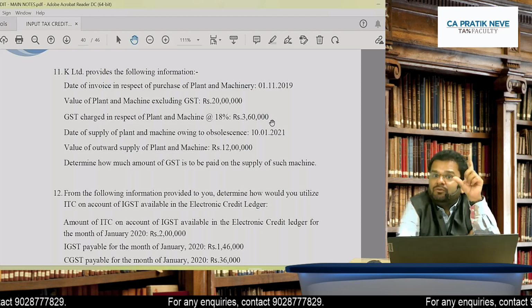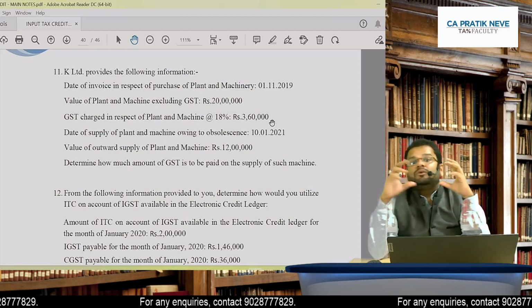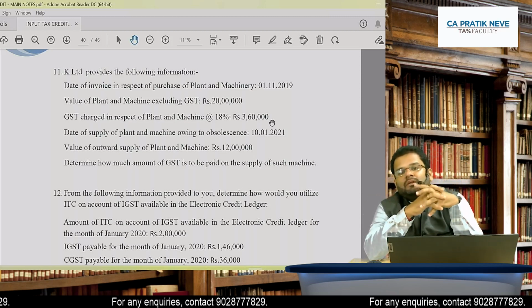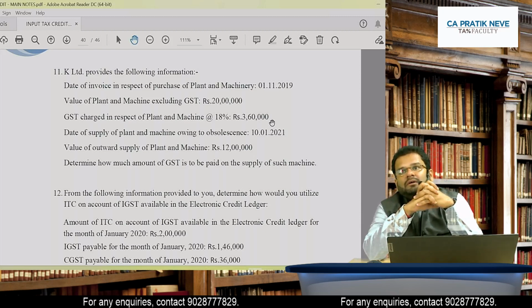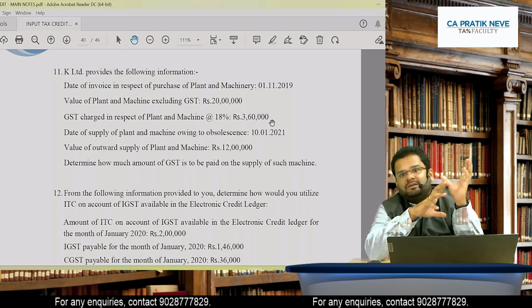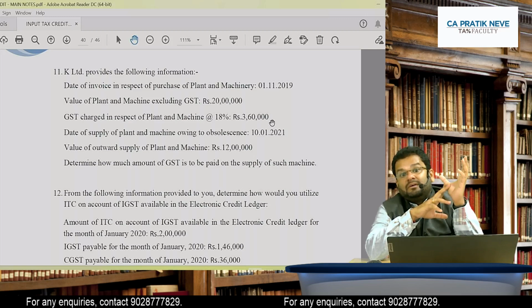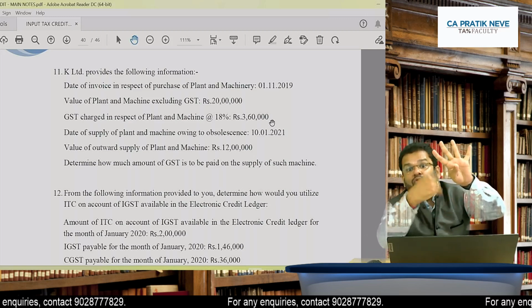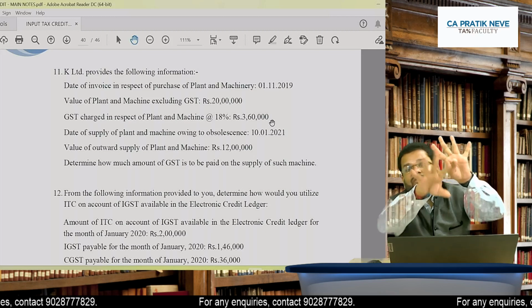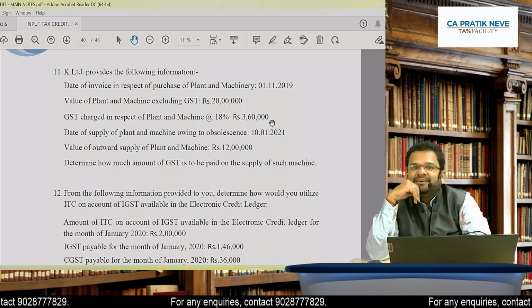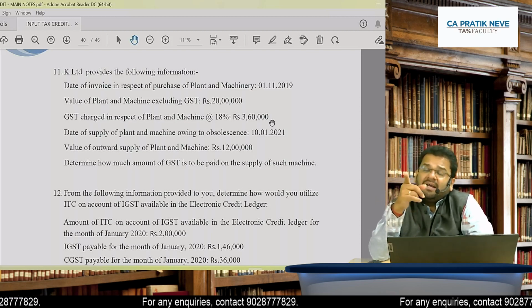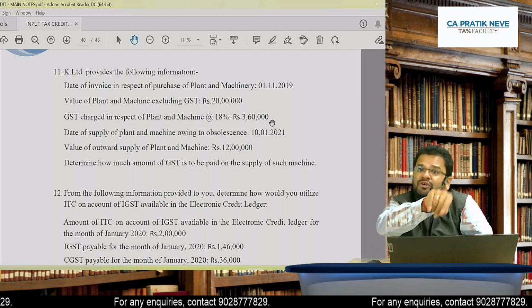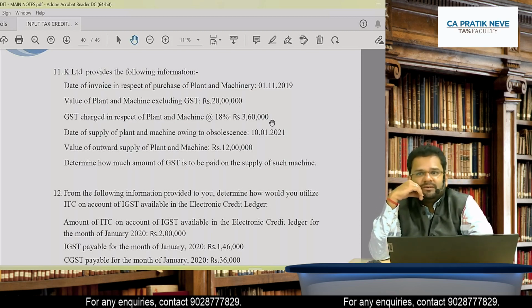So what happened in one question, you know? In one question, you had an ITC of SGST of 40,000 and output tax of SGST of 25,000. So don't you think ITC of SGST is sufficient to pay output tax of SGST?